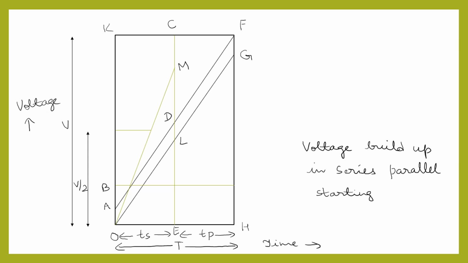At the instant of starting, OA equals OB, which is equal to the IR drop in each motor, since there is no back EMF developed at that instant, and OK equals the supply voltage V. The back EMF of the two motors jointly develops, and at the point E, the back EMF of the two motors plus the IR drops equals the voltage V. At any point on the line EC, at any instant, gives the sum of the back EMF of the two motors and the IR drops.